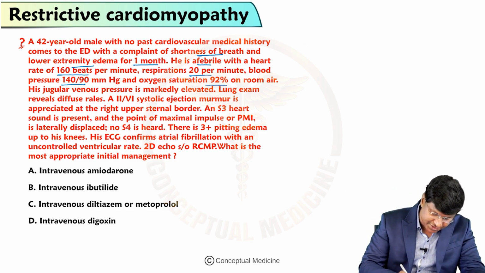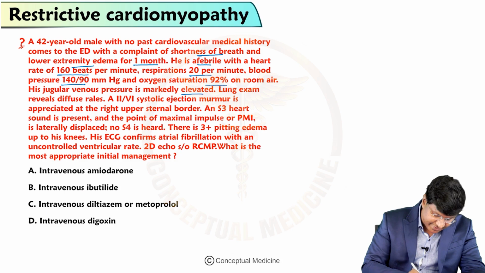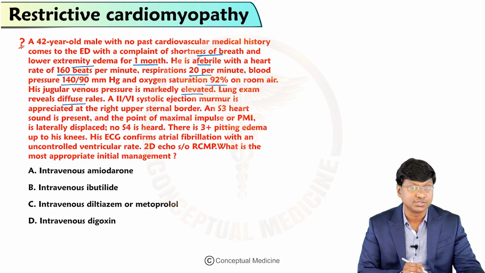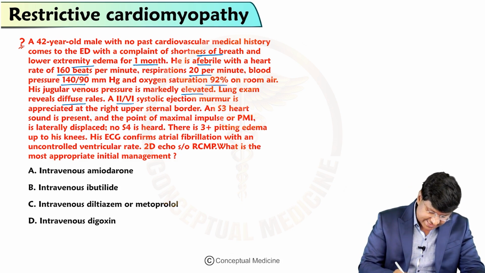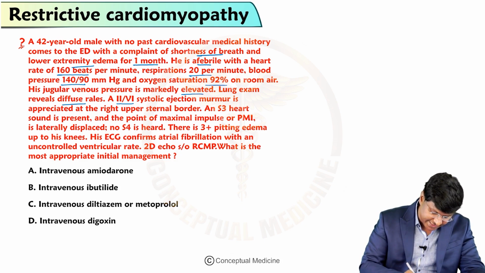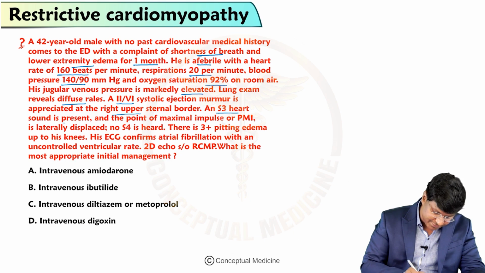His jugular venous pressure is markedly elevated. Lung examination reveals diffuse rales. A 2/6 systolic ejection murmur is appreciated at the right upper sternal border. S3 heart sound is present and the point of maximal impulse is laterally displaced. S4 is not heard. There is 3+ pitting edema up to the knee. ECG confirms atrial fibrillation with an uncontrolled ventricular rate.